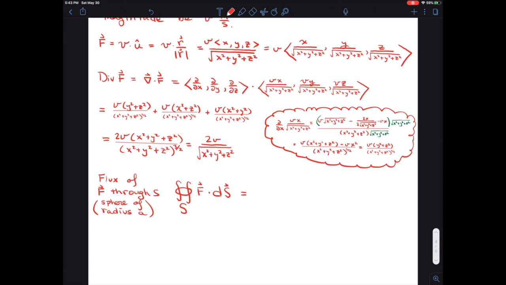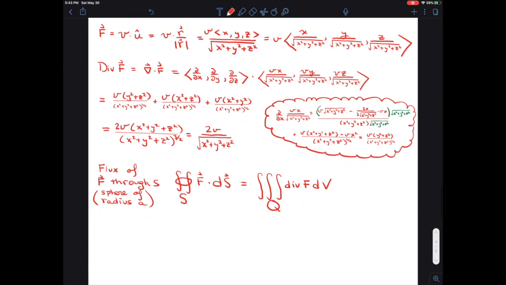But you can also evaluate this with a triple integral over the divergence. So Q is the solid inside the sphere, or the shell of the sphere, and then we can do the divergence of the field dV. So that again is the divergence theorem.